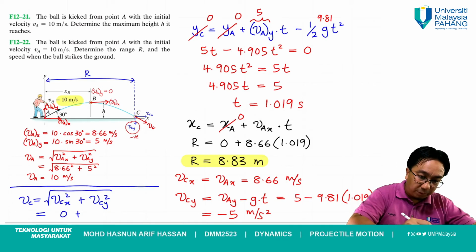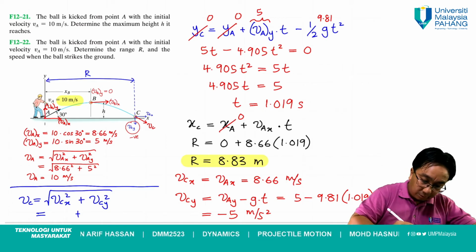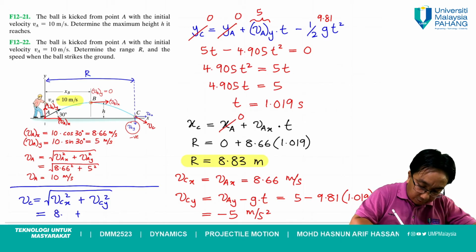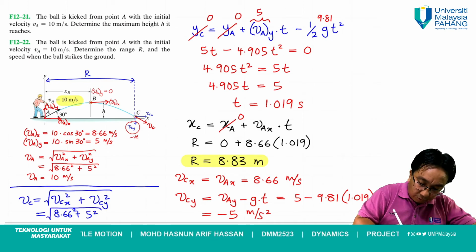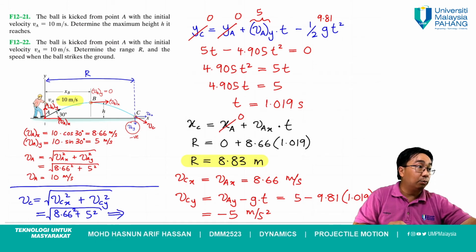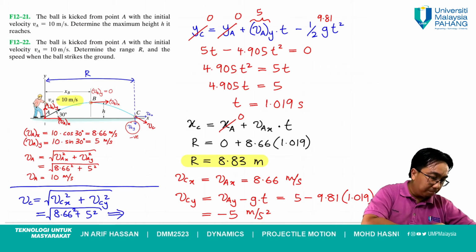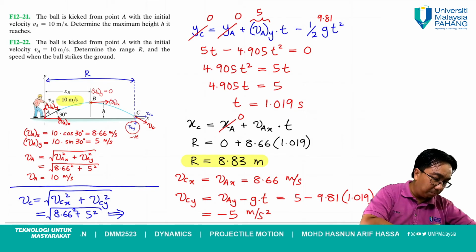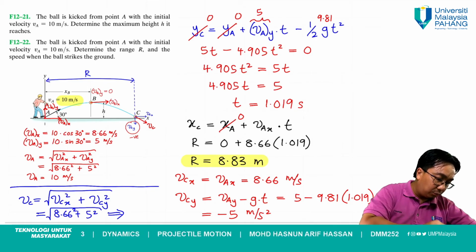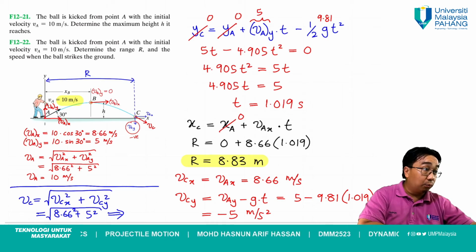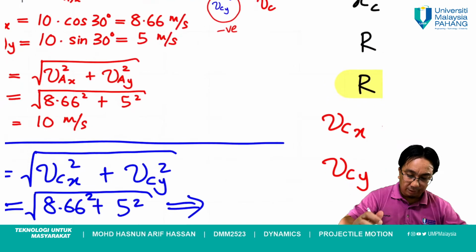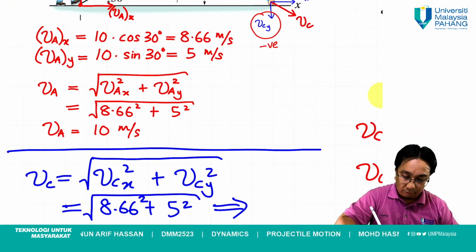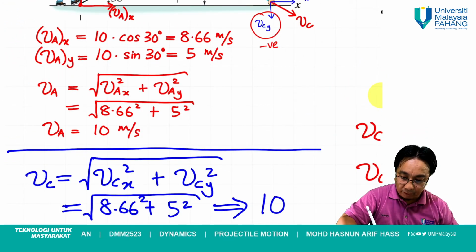VCX is 8.66. So 8.66 square plus 5 square and then you square rootkan dia. Berapa ni dapat? 8.66 square plus 5 square, and then square root the answer is equal to 10 meter per second.